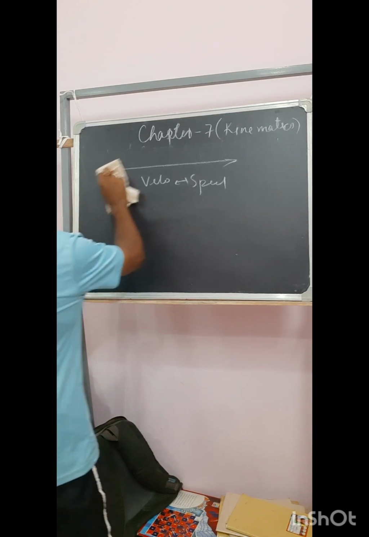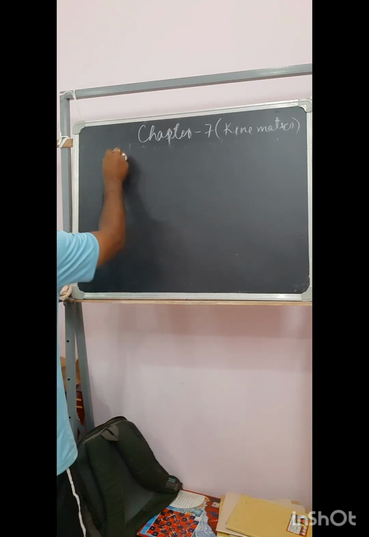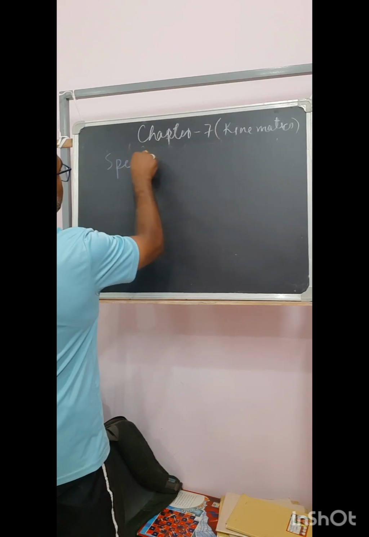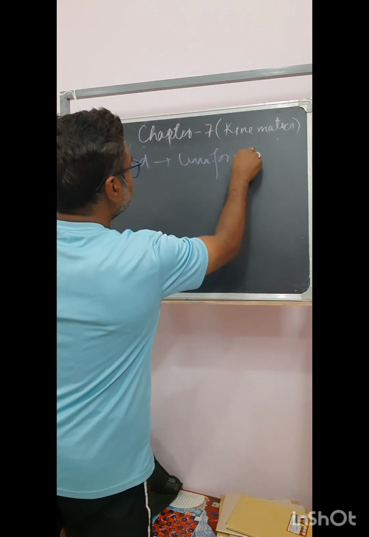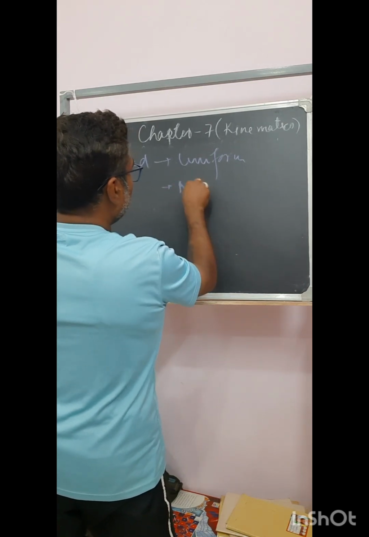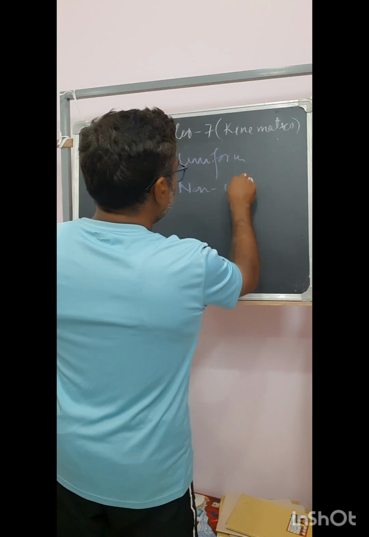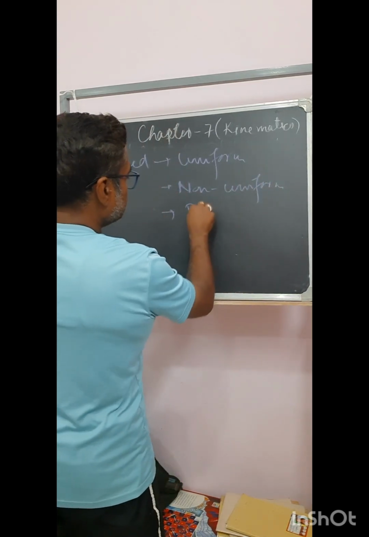Now there are some differentiations between different kinds of motion, and this one is speed. Speed can be uniform, non-uniform, and instantaneous.